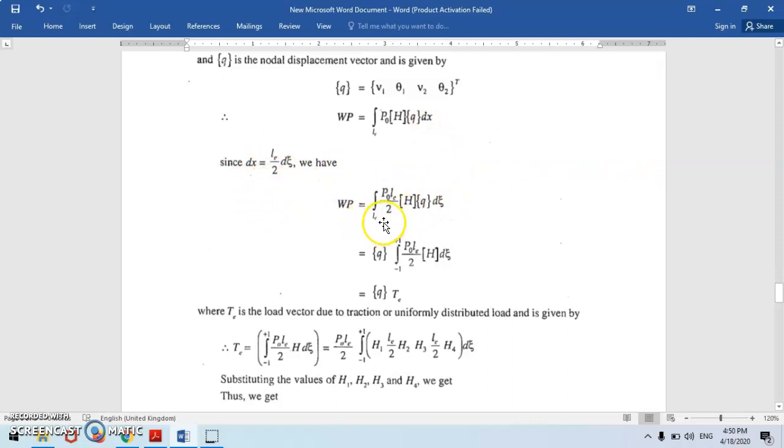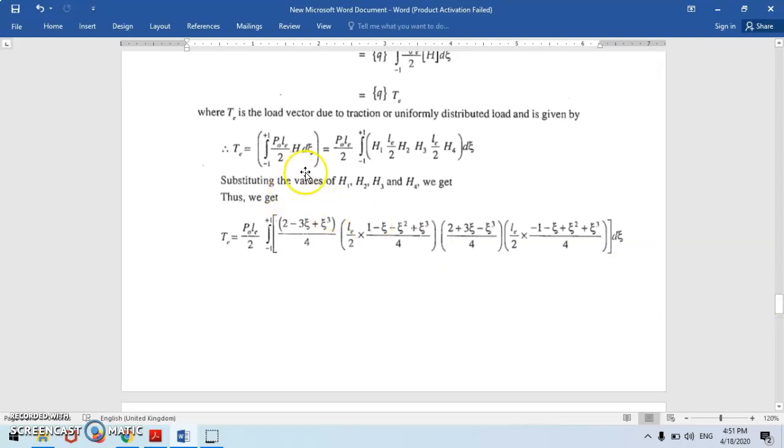Now the work potential equation becomes integration over the element length of P naught Le by 2 H Q d zeta. We take Q outside and integrate only the remaining term, P naught Le by 2 H d zeta, and we term this the load vector. For that we use the symbol TE. We also call this the load vector due to traction or load vector due to uniformly distributed load.